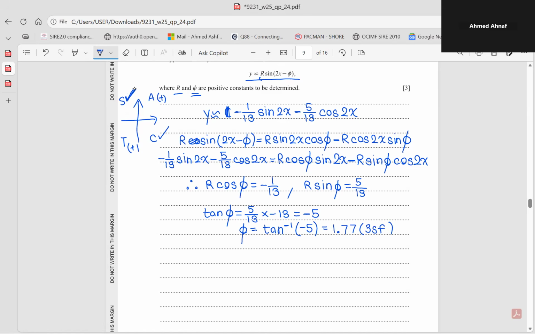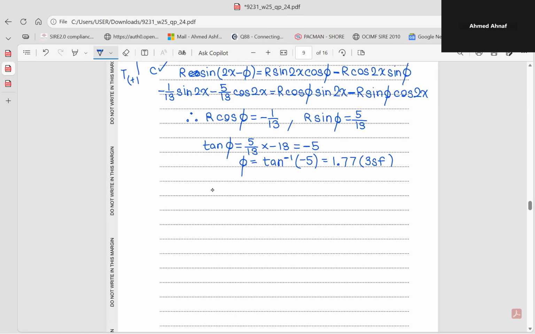The reason why we chose this is so that phi is the least possible value, and also it's positive. So this is where we get the least positive value.